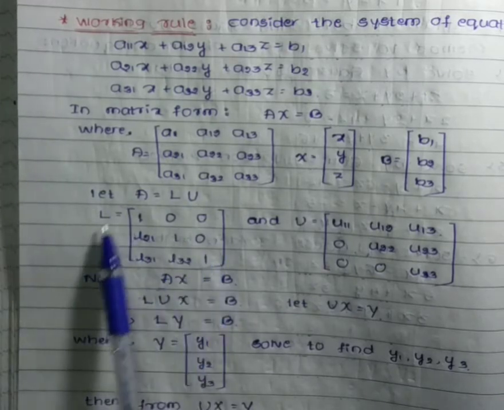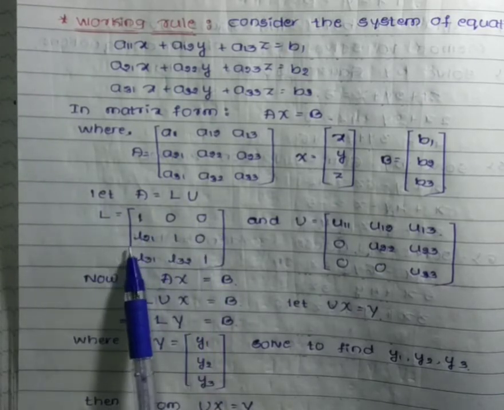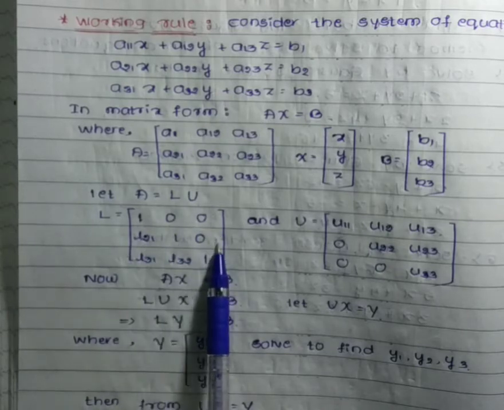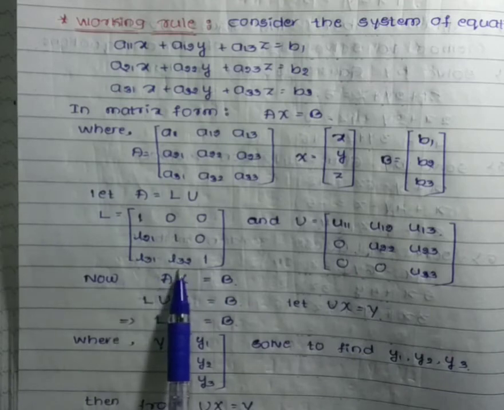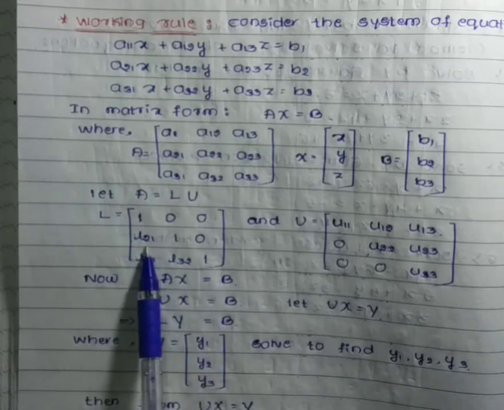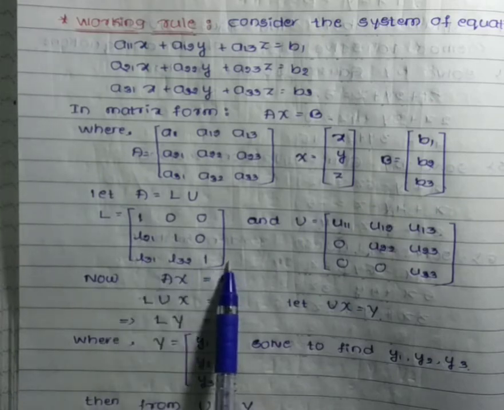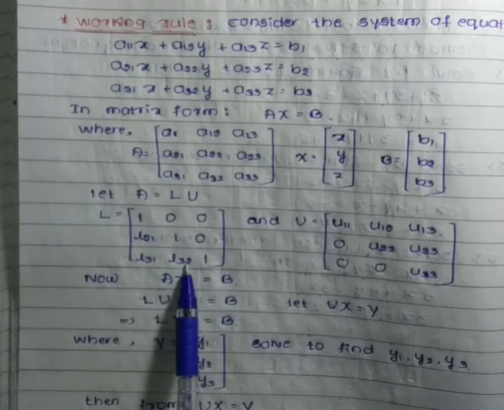So in general the lower triangular matrix elements are 1 0 0, l21 1 0, l31 l32 1. Here l21 represents second row, first column, l31 represents third row, first column, and l32 represents third row, second column.